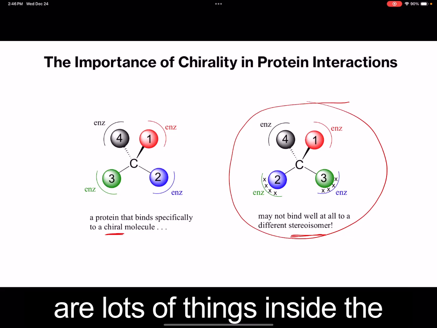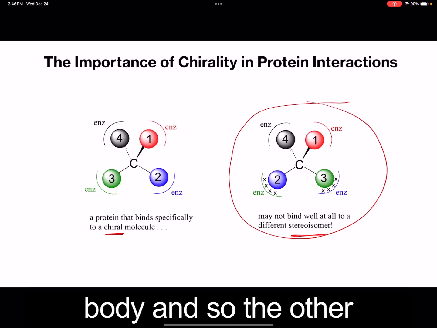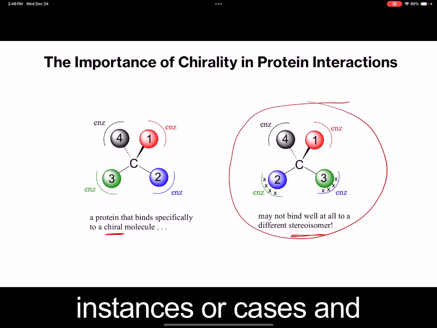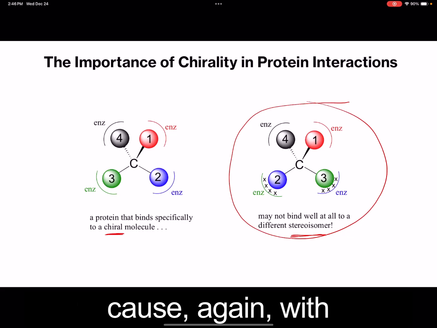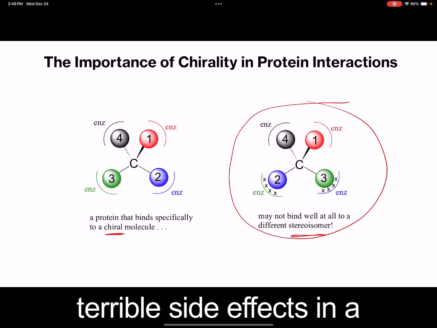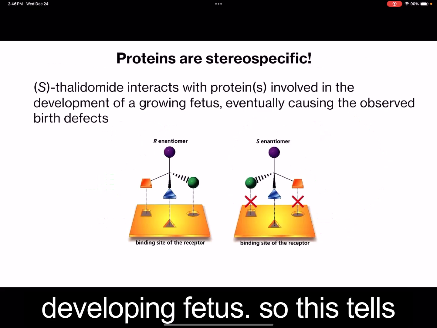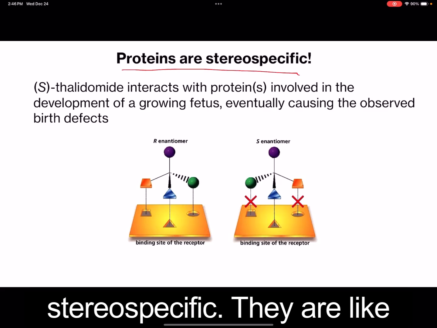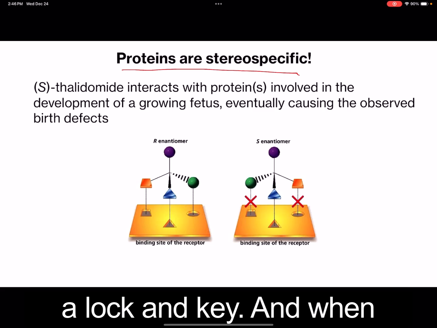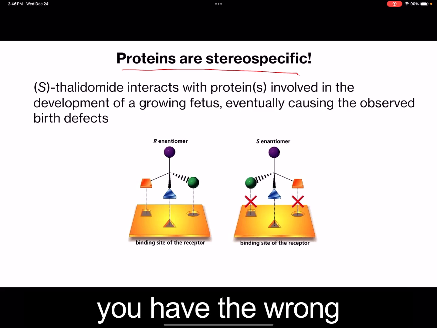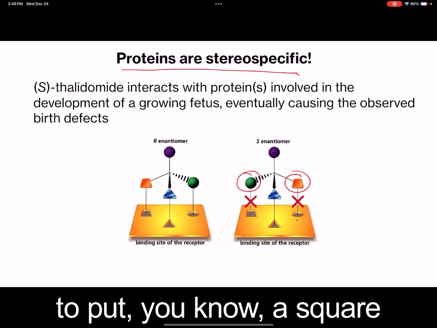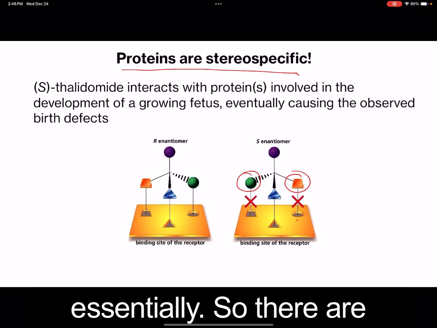There are lots of things inside the body, and so the other enantiomer can go around and wreak havoc in some instances and cause, again, with thalidomide, those terrible side effects in a developing fetus. So this tells us that proteins are stereospecific. They are like a lock and key, and when you have the wrong enantiomer, you're not going to put a square peg in a round hole.